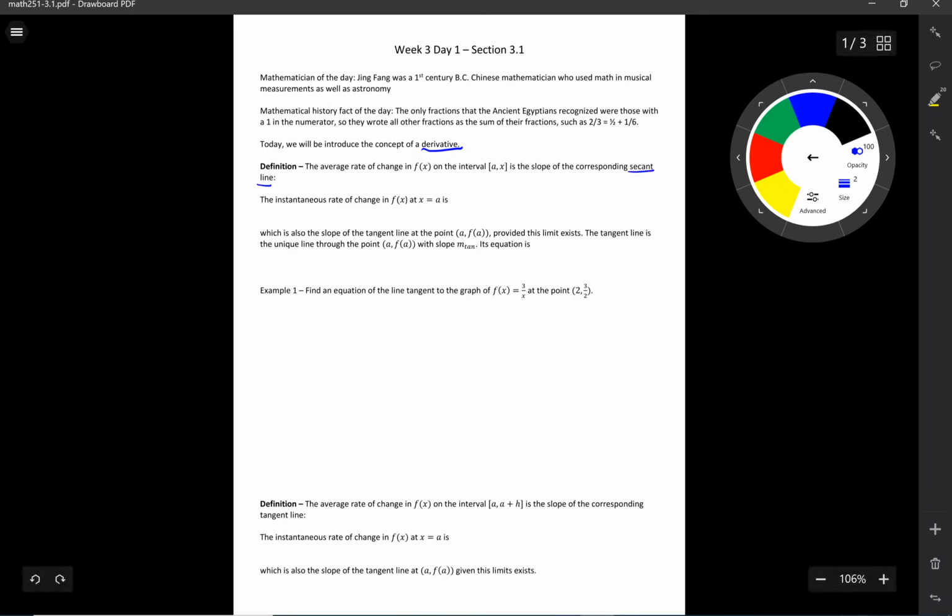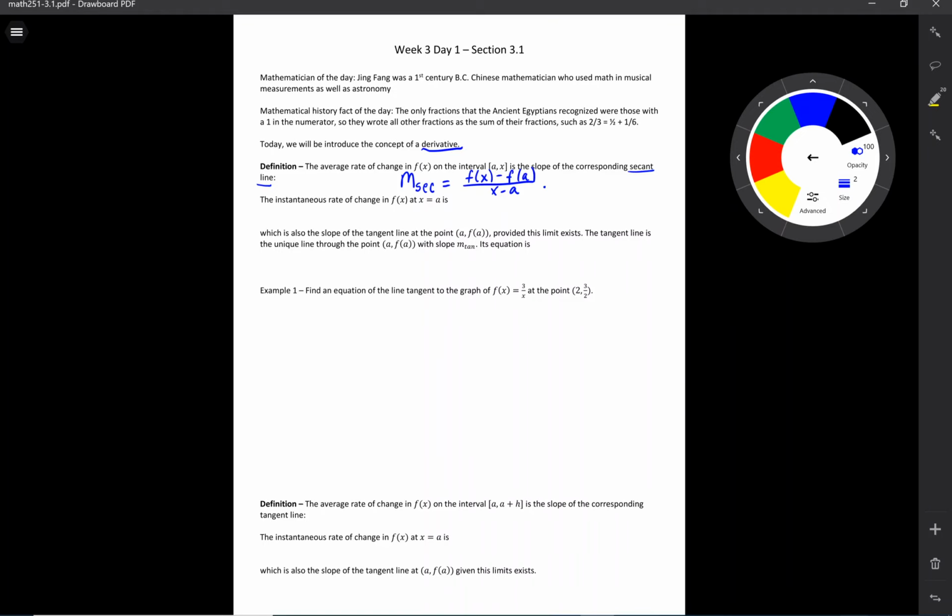So if you remember, the average rate of change in f of x on the interval from a to x is the slope of the corresponding secant line, and I'm going to call this m sub secant, and this is equal to change in y, which is f of x minus f of a, over change in x. So this is my slope of the secant line between x and a. We learned about this in the very first lesson.